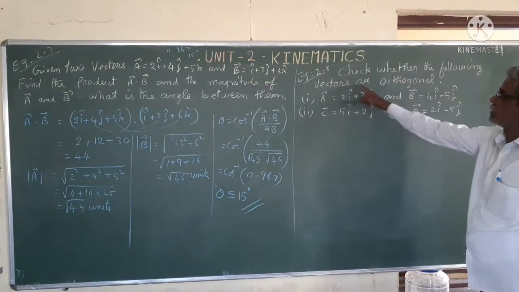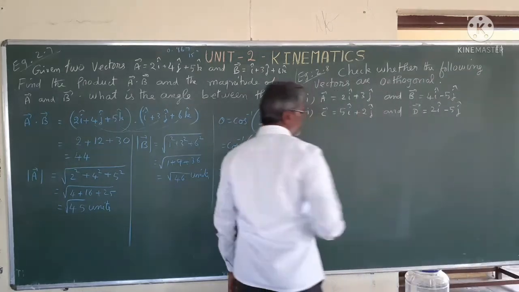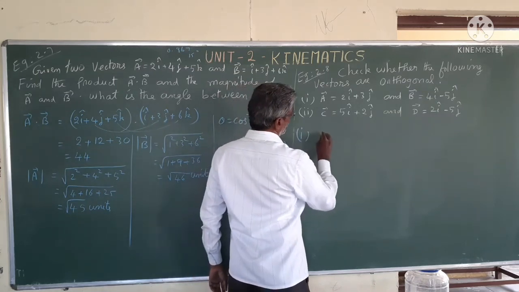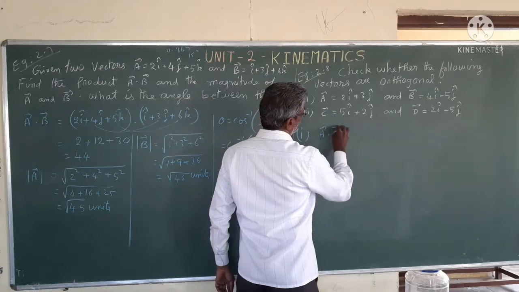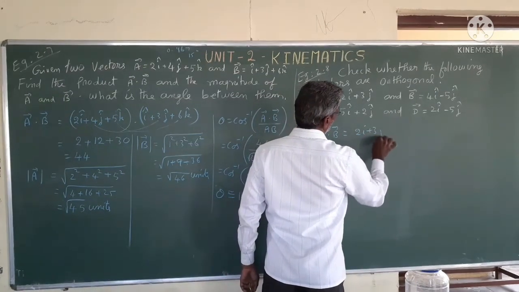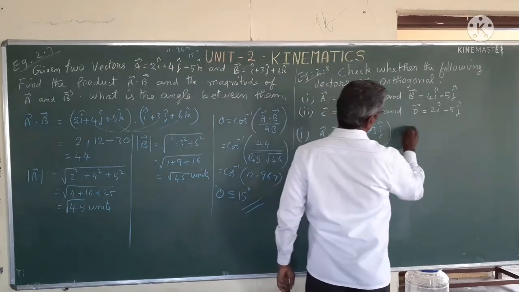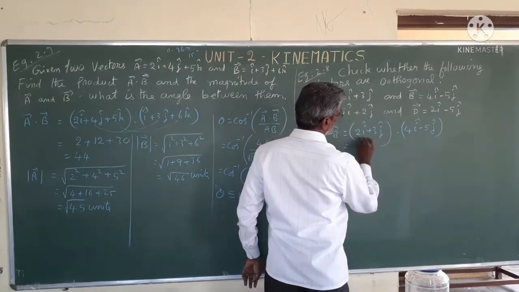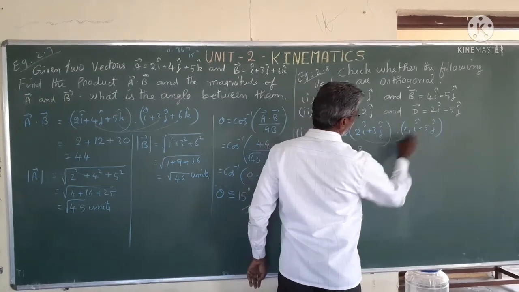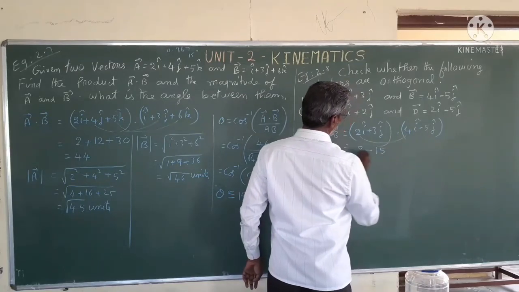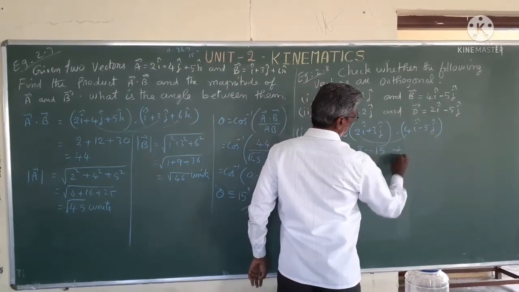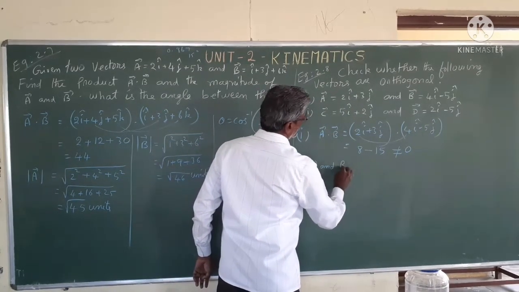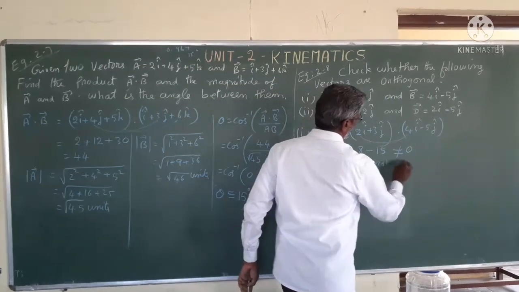Check whether the following vectors are orthogonal. Orthogonal means A vector dot B vector is equal to 0. So A vector dot B vector is equal to 2I plus 3j dot 4I minus 5j. We find out the dot product. 2 4s are 8, plus 3 into minus 5 is minus 15. They are not equal to 0. Therefore, A vector and B vector are not orthogonal.